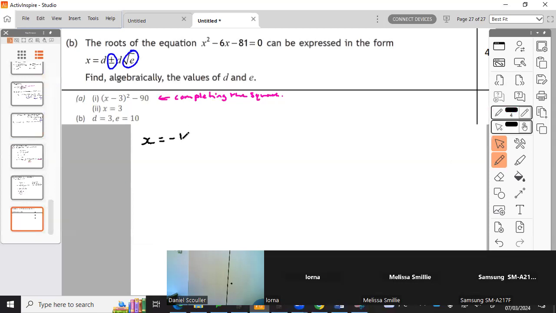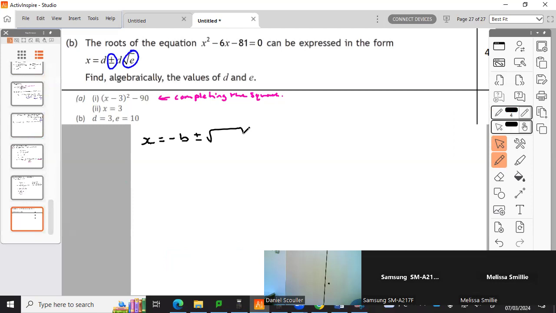So x is equal to negative b plus or minus root of the b squared minus 4ac. Now this was in the non-calculator.